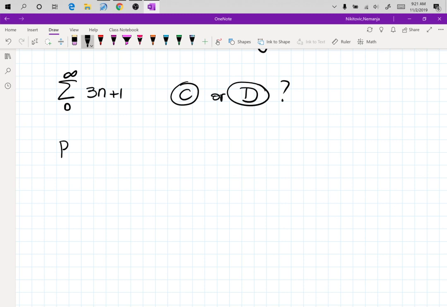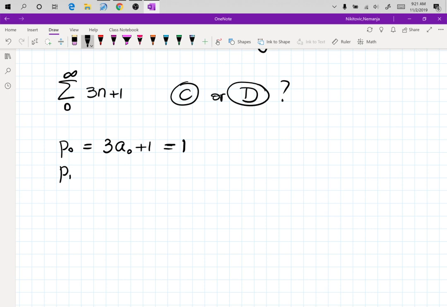So the partial sum P0 is just when you plug in a0, so that's going to be 3 times 0 plus 1, and when you plug in 0 for n, that's going to be 1.